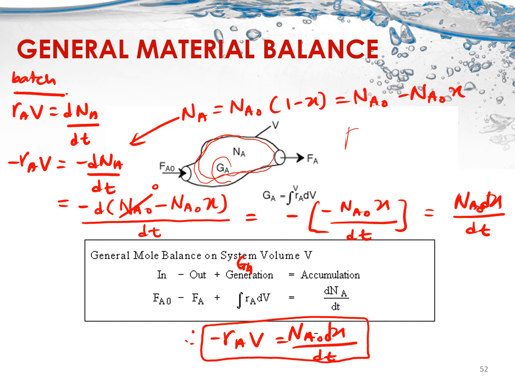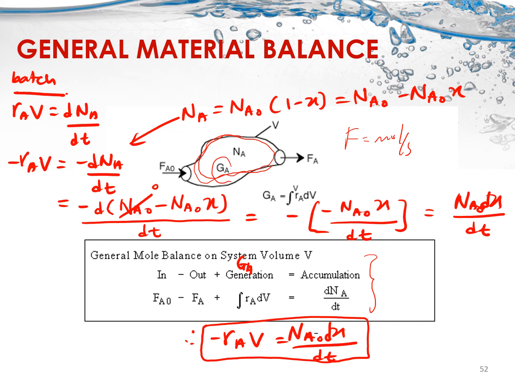Okay, remember F is in terms of mole per second atau mole per time pun boleh, any of ni lah, unit second ke hour ke minute ke, FA0 minus FA plus integral of rA dV is equal to dNA over dt. Okay, so you have to have this general knowledge. Alright, it's just that you will change it according to the system or according to the type of the reactor.